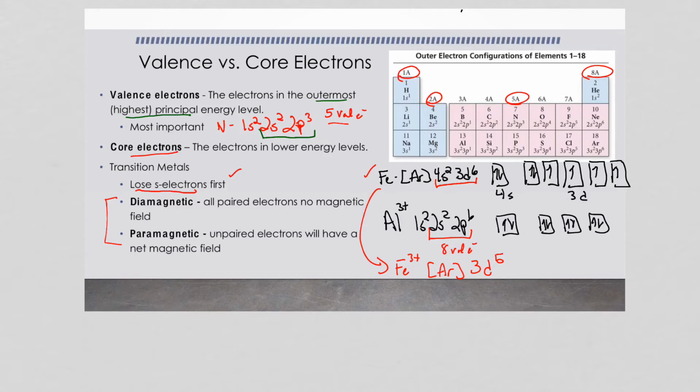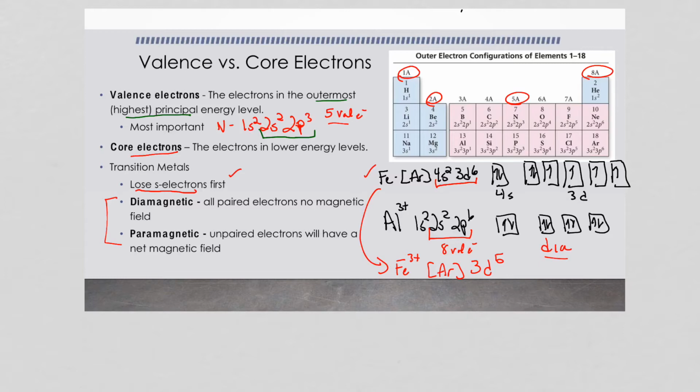So something like aluminum 3 plus, if we draw out the orbital diagram where we have 2s2, 2p6, all of these electrons are paired, this would be diamagnetic.